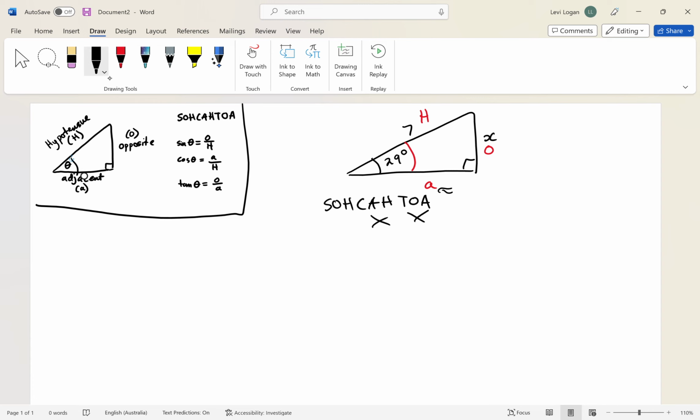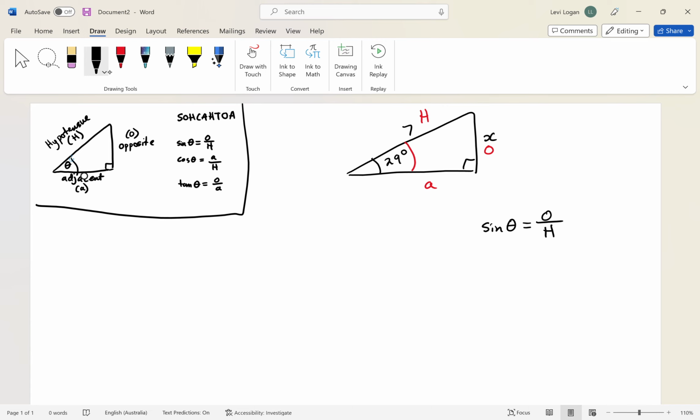We want to find the opposite, and we've got the hypotenuse and we've got an angle, so we're going to use sine. So sine theta equals opposite over hypotenuse. Alright? So now we've got that. We don't really need to know about our adjacent now.